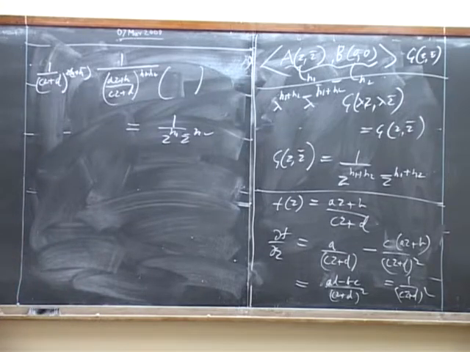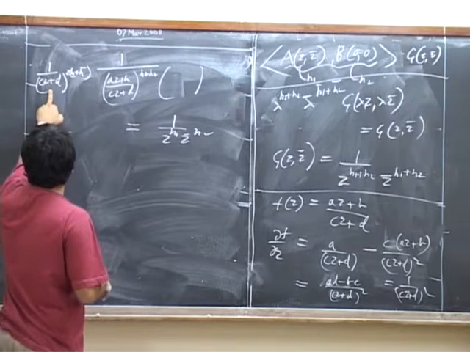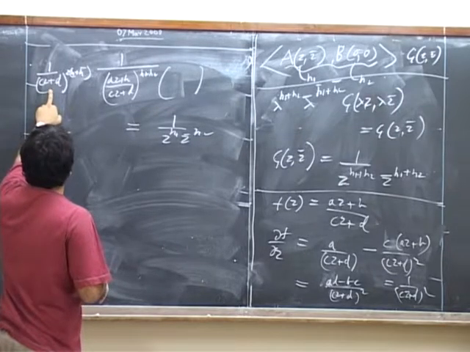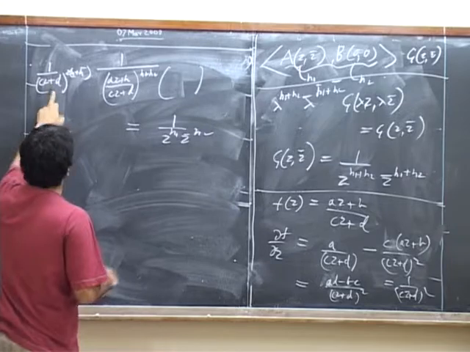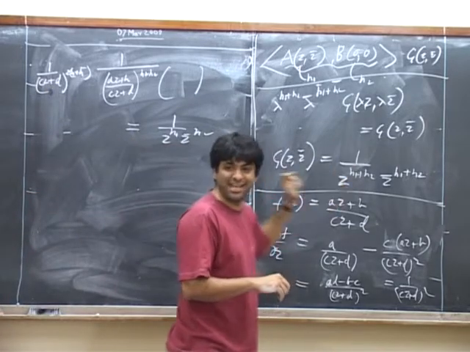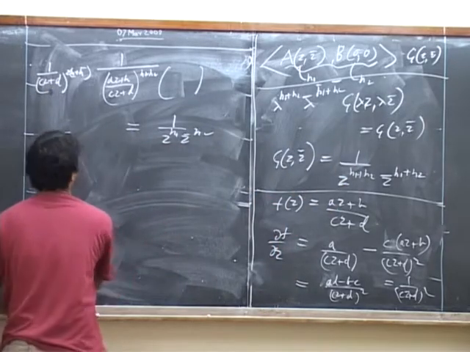That works, right? I'm sorry, I wrote it wrong. This should be at two different points. Let me write this as z1 and z2 instead of z and 0. Sorry, let me write this again.